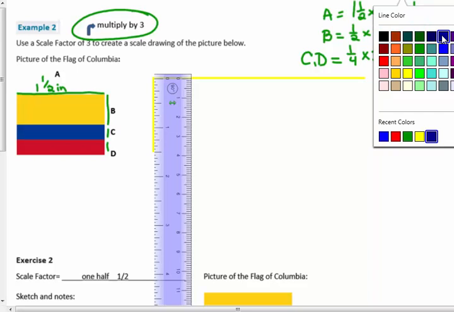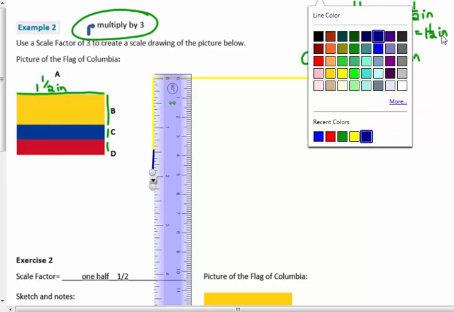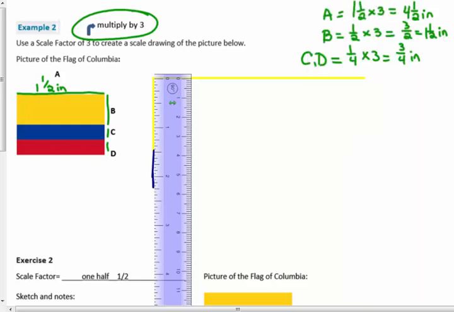So 3/4 inch, this would be 1/2 plus 1/4, which gives me 3/4 inch here. Go all the way down. 3/4 inch there for my C, and my D, which is also 3/4 inch. So my D is 3/4 inch.